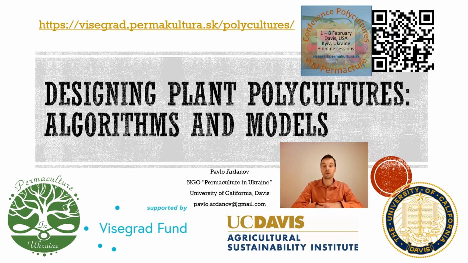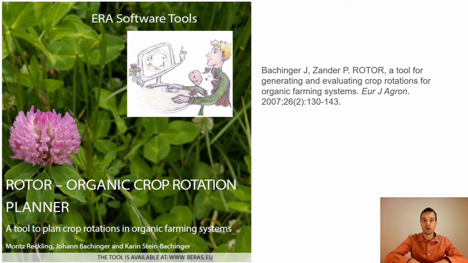And today we continue reviewing algorithms and models for designing polycultures. We will continue with the tool called ROTOR, which means rotation in organic farming system, designed for crop rotation in nitrogen-limited legume-based organic farming system.